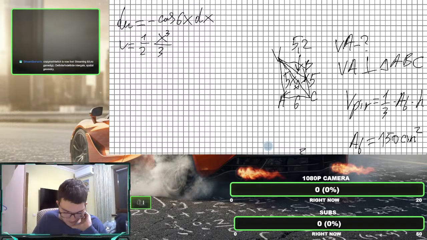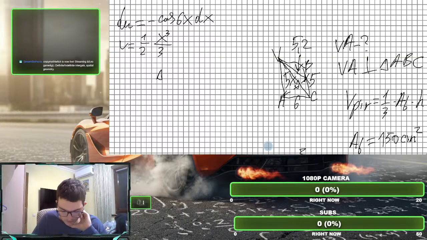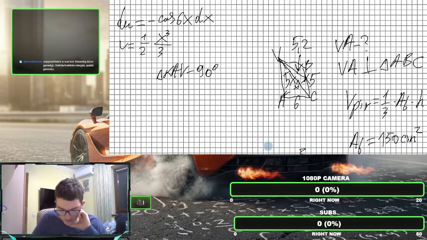Maybe I need it. So basically I got this triangle. Okay, so this triangle KAV. The K is not that well visible. So it's 90 degrees, and I want to find VA.